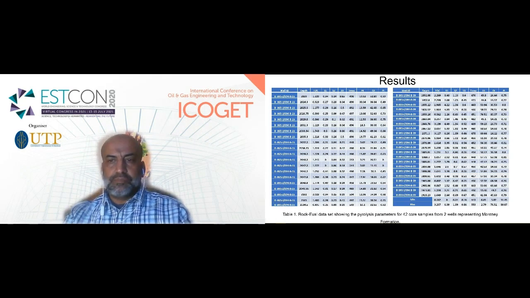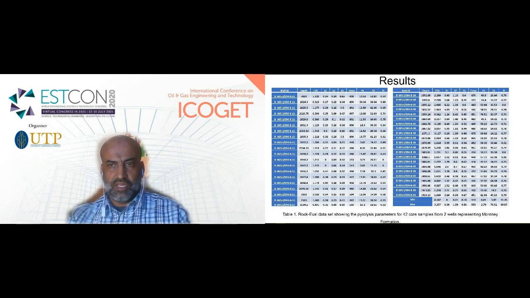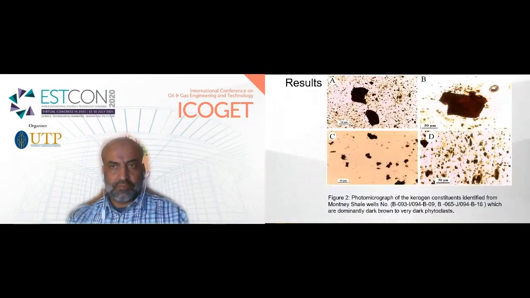We can notice here that the S1 results in the pyrolysis results are higher than S2 in most of the samples. The calculated parameters of hydrogen index, oxygen index and production index reveal a very low content of hydrogen index and oxygen index and a relatively high production index.